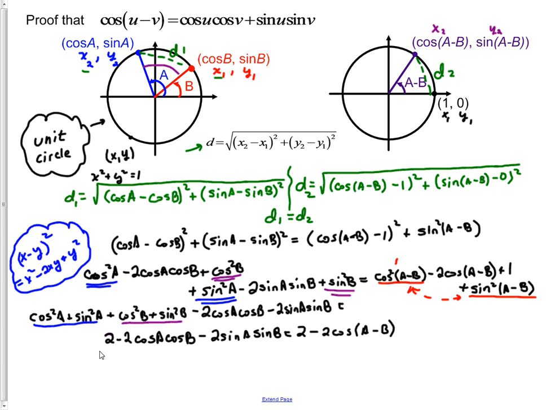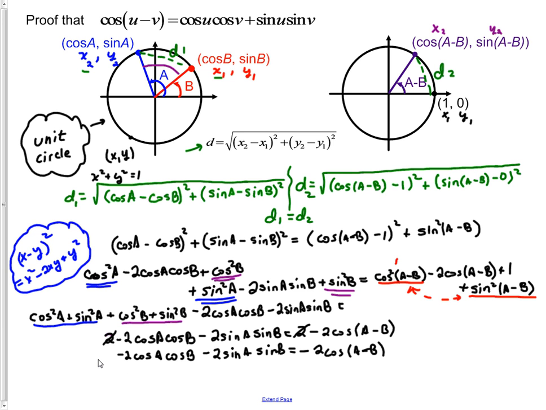Once again, we can subtract 2 from both sides, and that term is just going to drop out altogether. So we're left with negative 2 cosine A cosine B minus 2 sine A sine B equal to negative 2 cosine of A minus B.